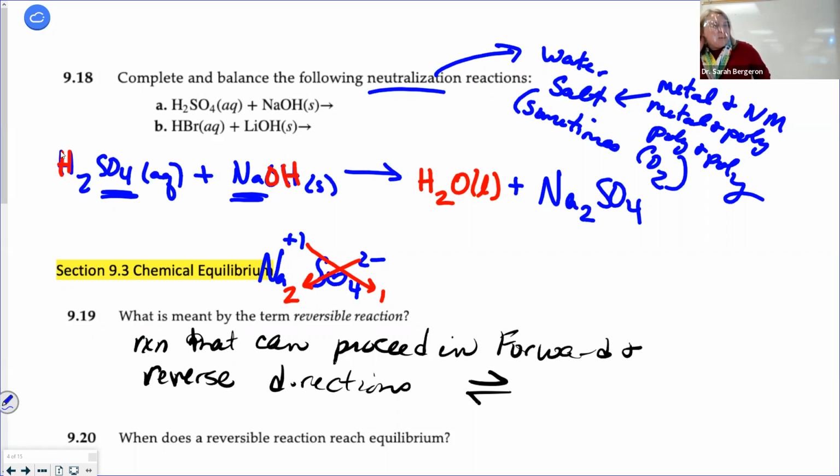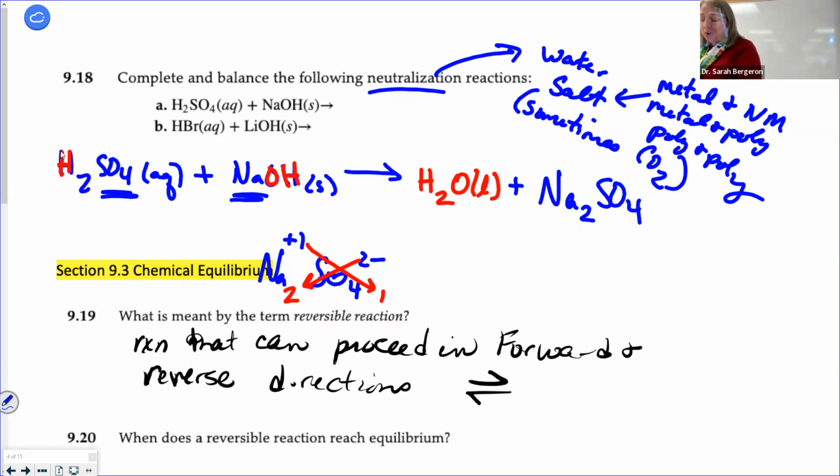Now, am I balanced? No, because remember I had that tricky thing with the hydrogen, right? So I actually have to worry about that in my balancing. What could I do to fix that when I balance this chemical equation?